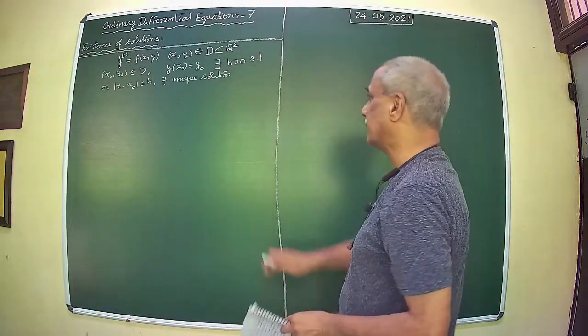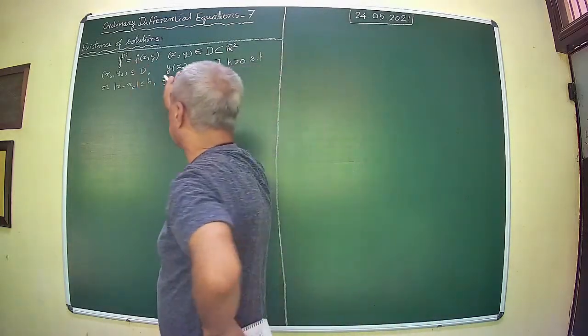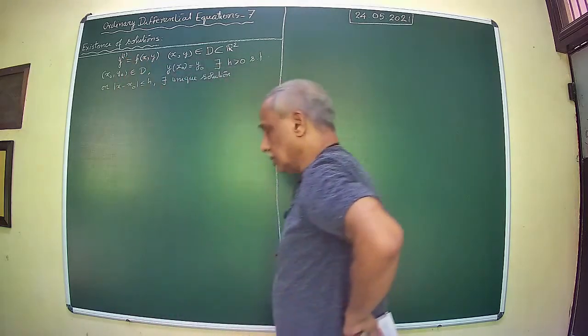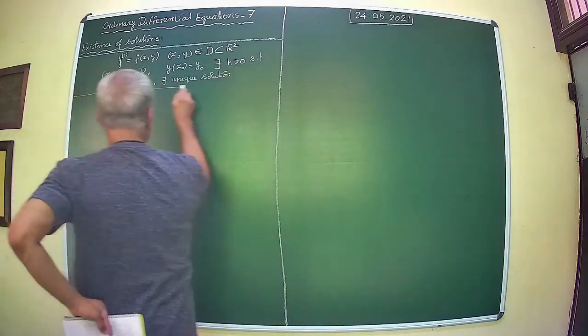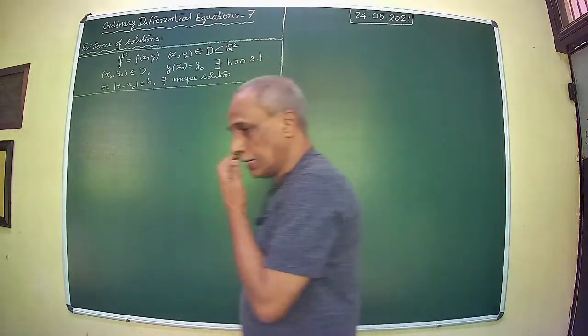Yeah, so there exists a unique solution of this initial value problem. So the initial value problem consists of this. There is some interval on which this is true. As I said, it is a local existence uniqueness theorem that we have proved.